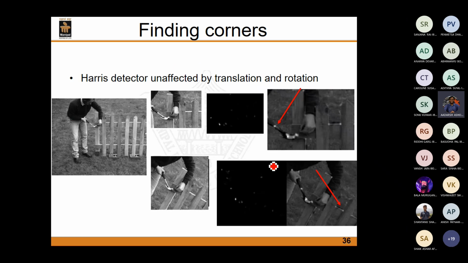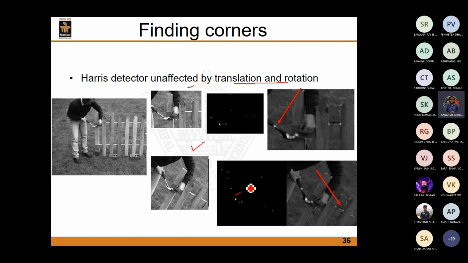But one advantage here is that it is unaffected by translation and rotation. What that means is, let's say you take an image and you have a corner detected here, and you rotate this image. Even if the image is rotated, it would still be able to find out where the corner is.